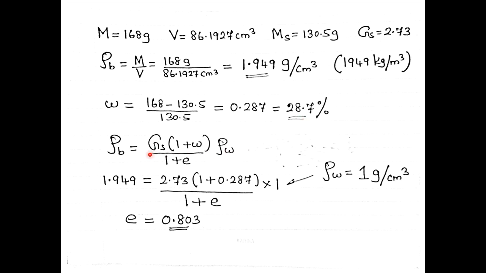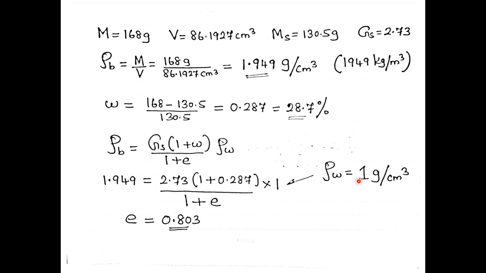Then what is the void ratio? Better to subject, or it doesn't matter, directly put the data. Rho B is equal to 1.949 gram per centimeter cube, GS 2.73 plus the water content, into rho W. Because this is gram per centimeter cube, the density of water should be in gram per centimeter cube.